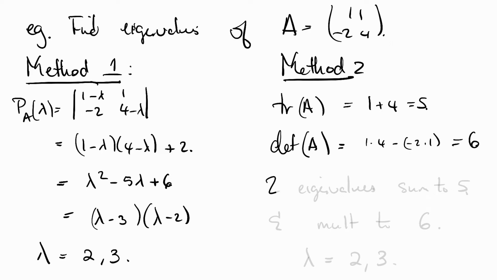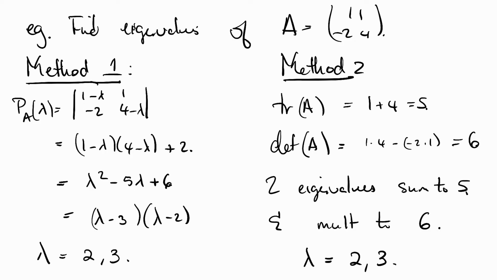There will be as many roots as the degree of the characteristic polynomial, which is 2, because it's a 2 by 2 matrix. Two eigenvalues sum to the trace, 5, and multiply to the determinant, 6. There's actually only two numbers that do this, 2 and 3.